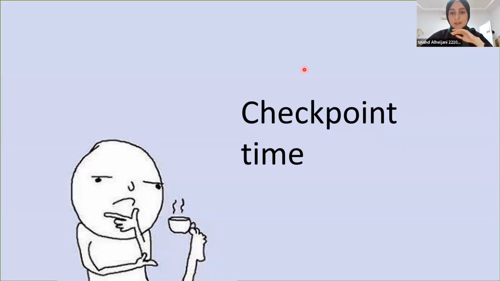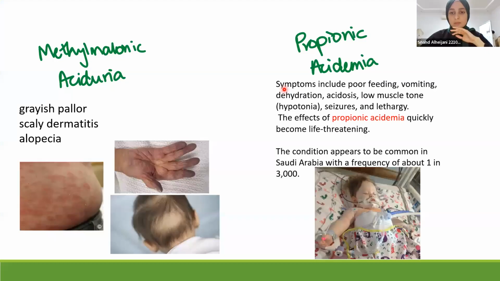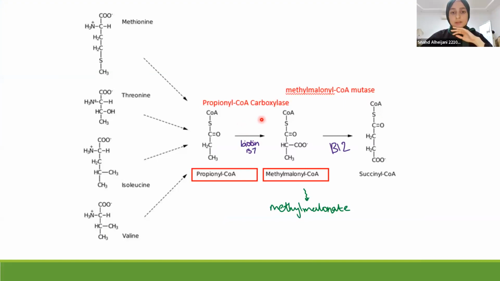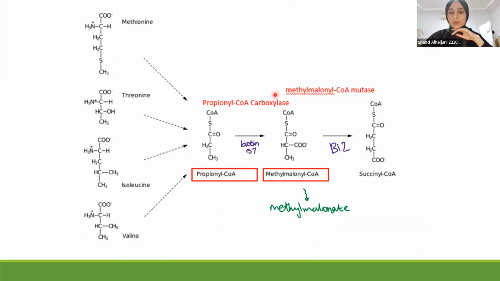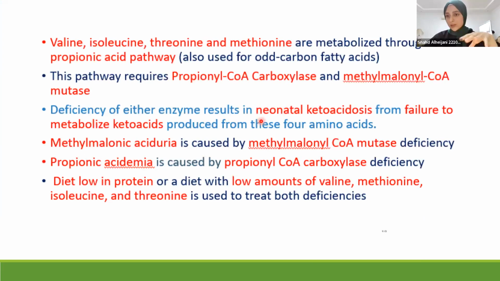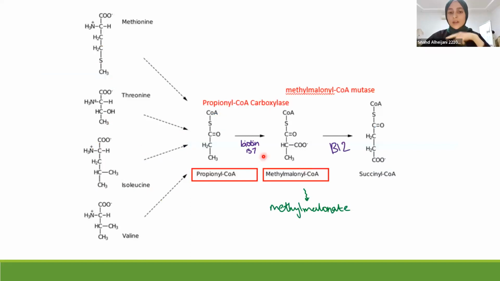How can they ask about this? They can give you a scenario. They can tell you that, for example, propionyl-CoA carboxylase is deficient, and the patient started showing dehydration, acidosis, low muscle tone, and so on. But as I said, the presentation is not really specific, and this means usually they'll give you something to show what the pathway is. Or they could mention the enzymes. They could mention the amino acids or the pathway that's affected.